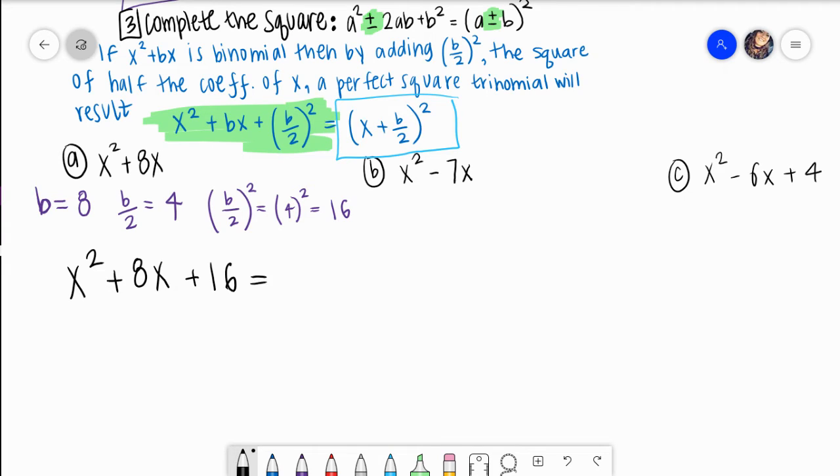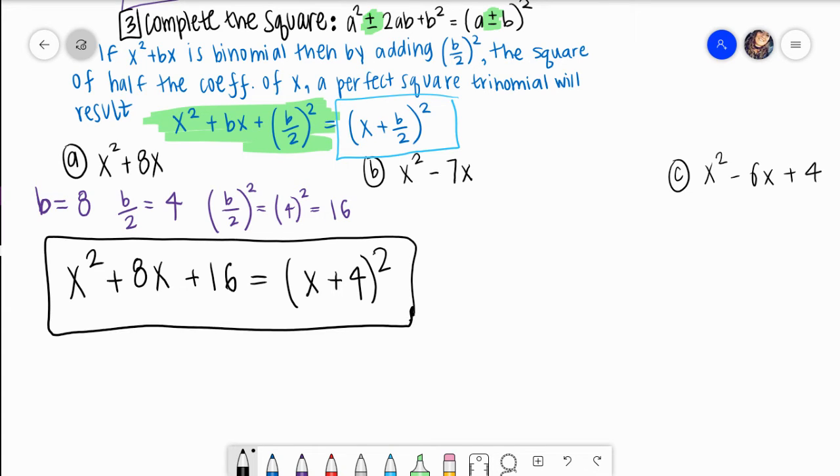And then we do equal. On the right-hand side in parentheses, we have x plus half of our b, which is 4, and you square it. That's saying that if we square this binomial, what we get is this trinomial. The fact that we could use this method means that it is a perfect square trinomial. That's what this left-hand side is called.